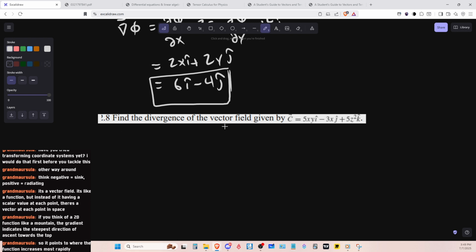Find the divergence vector of the field given. So if we remember the divergence is this, and I think we'll just do it like that.